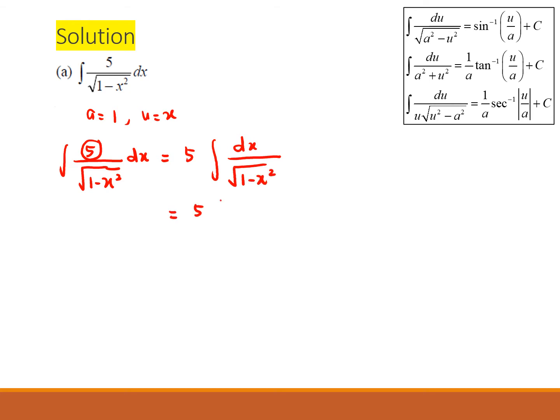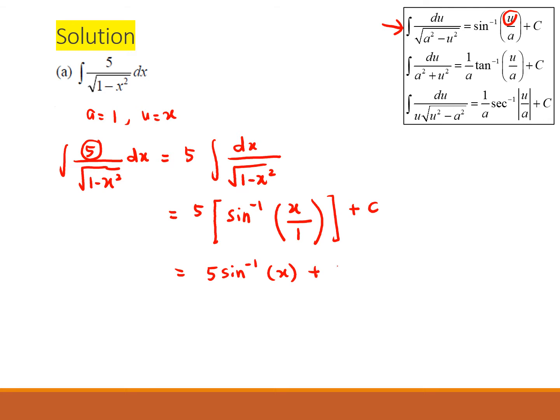If we integrate this, we will have the inverse sine of u over a, where u is x and a is 1, plus c. So we have 5 arcsine of x plus c. This is the final answer for this example.